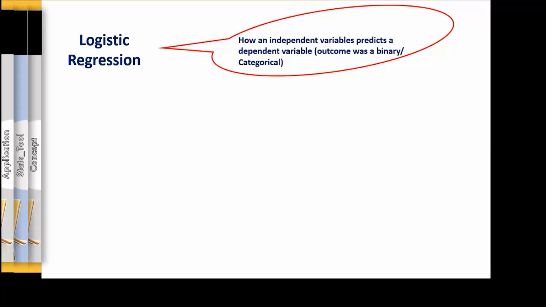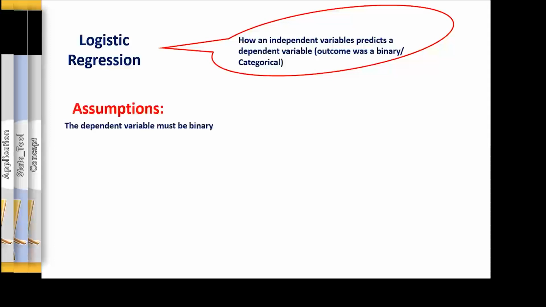While in the linear regression model, we have the dependent variable being continuous in nature, in the logistic regression model, we have the dependent variable or the outcome variable being binary or categorical in nature. The difference between linear regression and logistic regression has to do with the nature of the dependent variable or the outcome variable of interest.